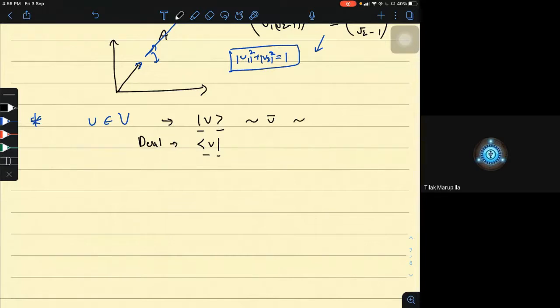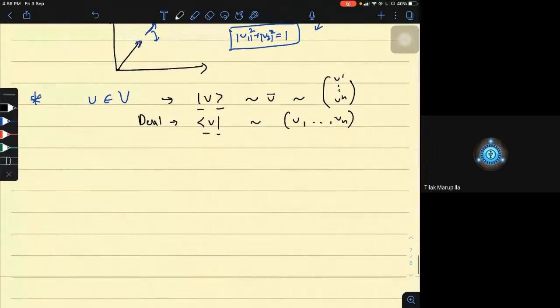Our usual convention is that vectors are column matrices, V1 till Vn, and duals are row matrices, V1 till Vn. A dual multiplied by a vector, we know, gives a scalar in the field.